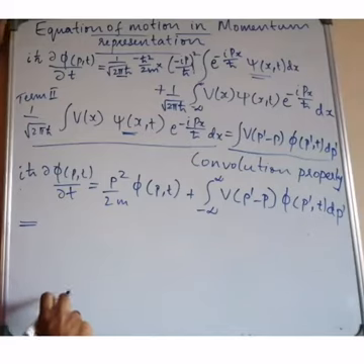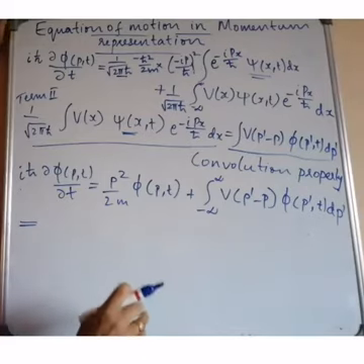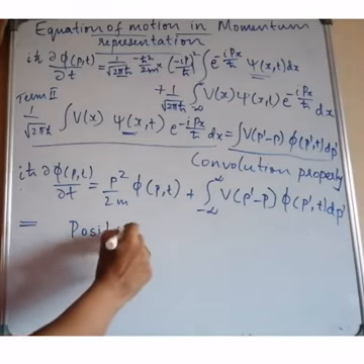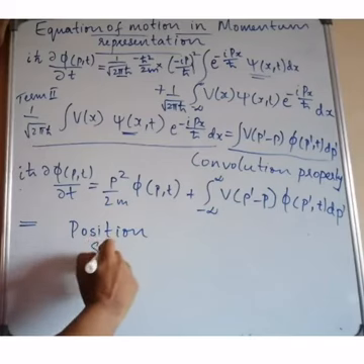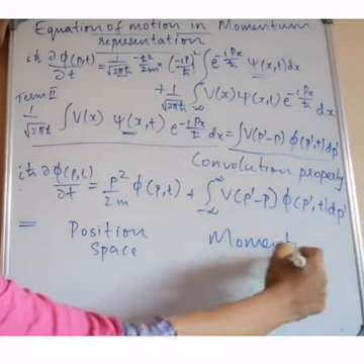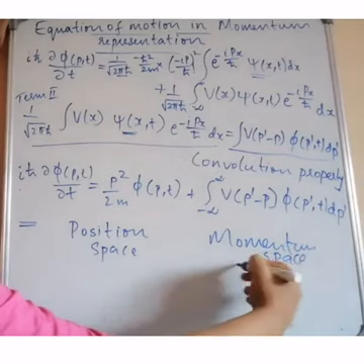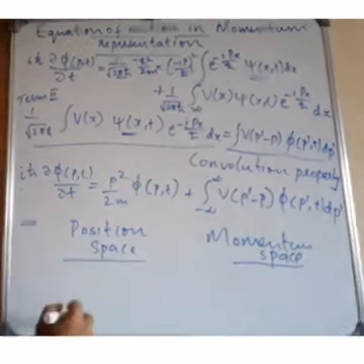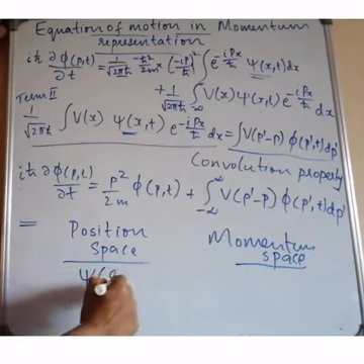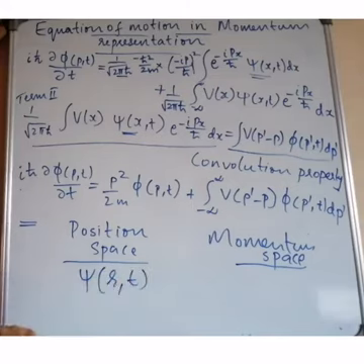So I think you now have a clear idea of what is a position representation or position space and a momentum space. The basic understanding is that the wave function psi is expressed as a space variable and time in position space, and accordingly the operator notations will be changing.